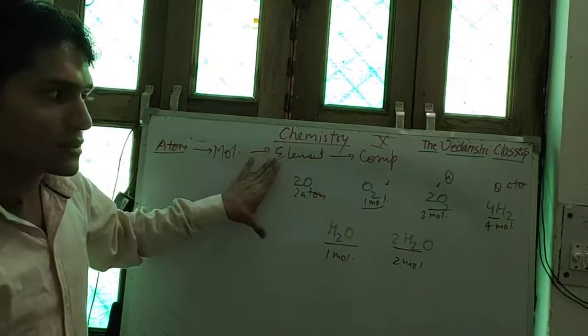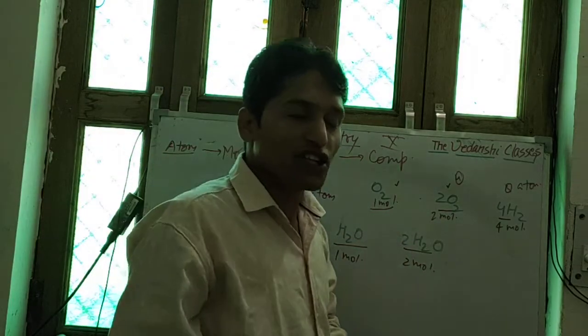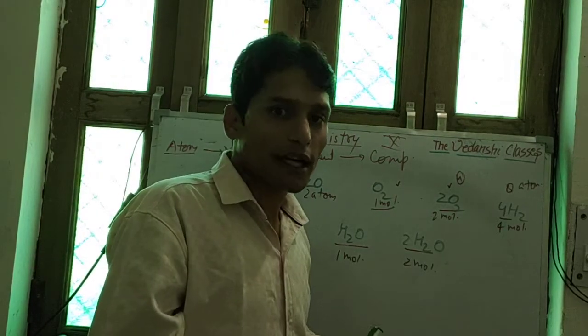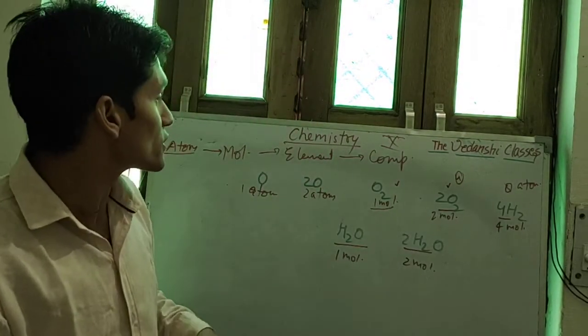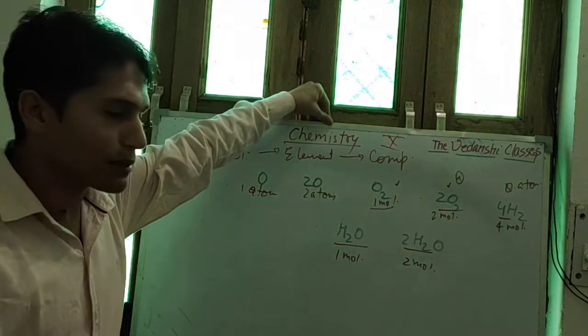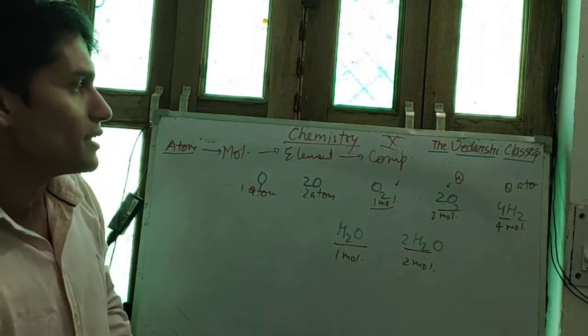From here, if you know all these things, you can balance the reaction very well, and it would be helpful in balancing the chemical reaction further in the further videos. So from this, your next chapter, your chemistry 10th chapter, starts: chemical reactions and equations.